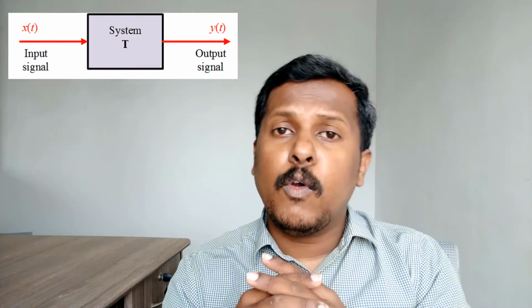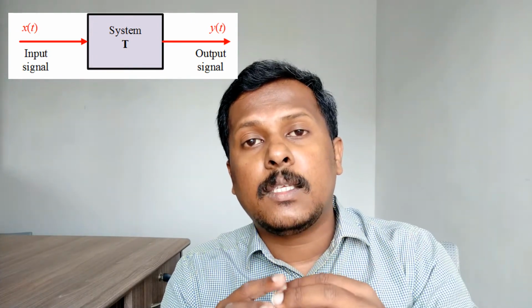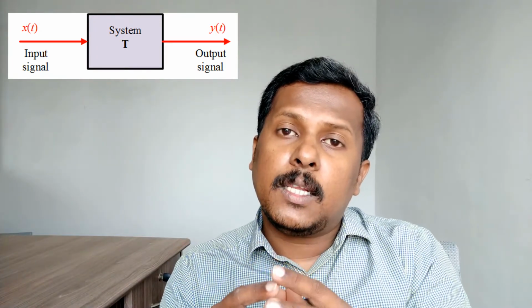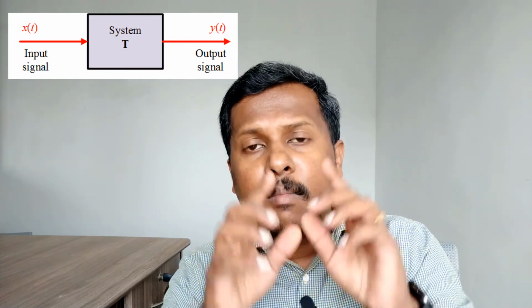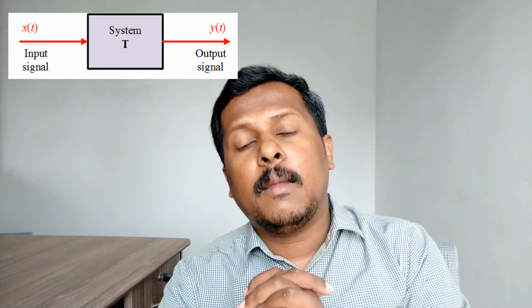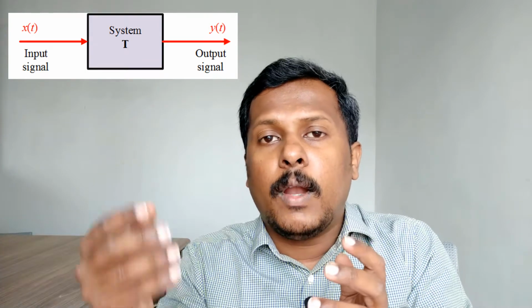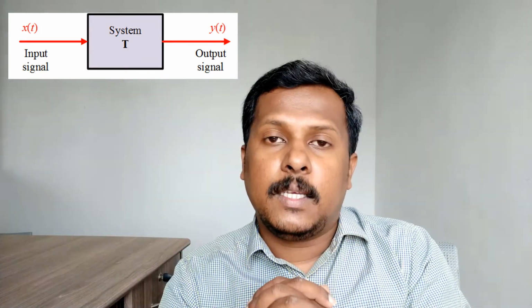So systems can be viewed as a process which transforms the input signals into output signals, or responds to the input signals based on the design of the system. Generally, we can consider a system as a black box which has one or more input terminals where we provide the input signals, and one or more output terminals which will provide the output signals.